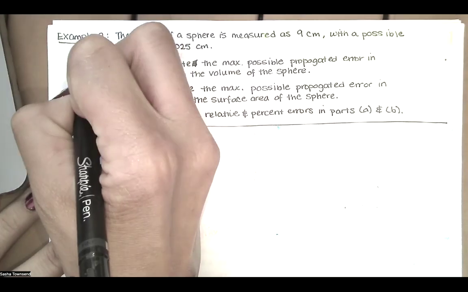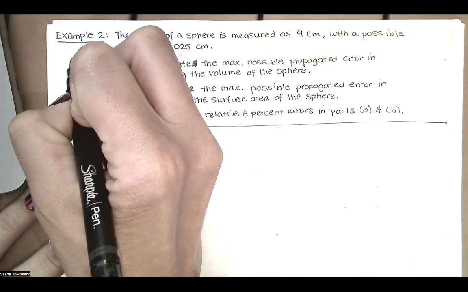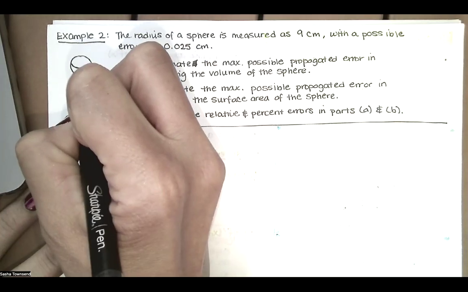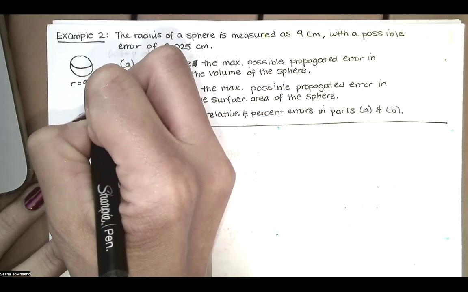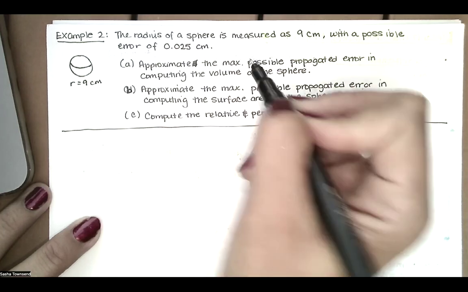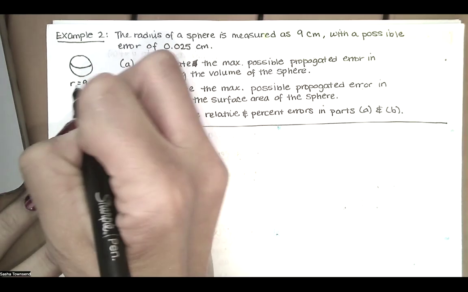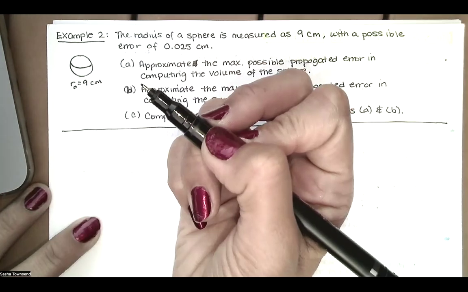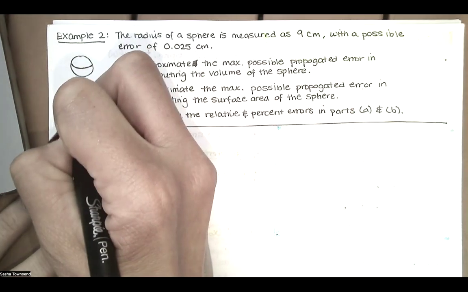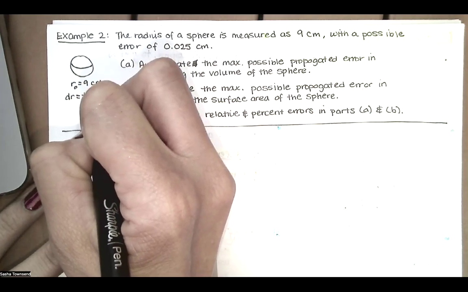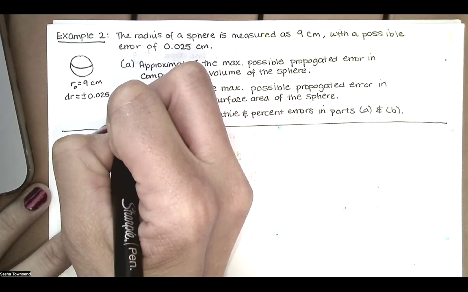We've got a sphere, and we're told its radius is 9 centimeters, and we have a possible error of 0.025 centimeters. So let's say our r naught is 9 centimeters, and that dr is plus or minus 0.025 centimeters.